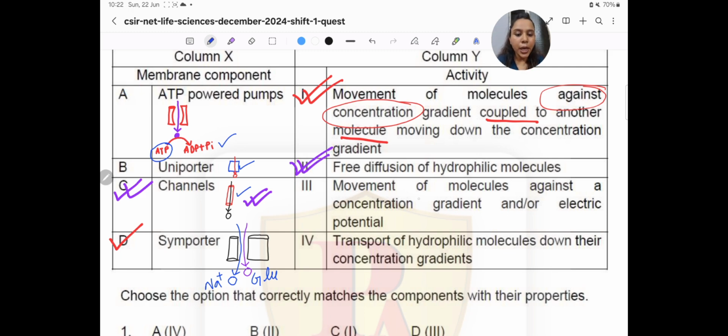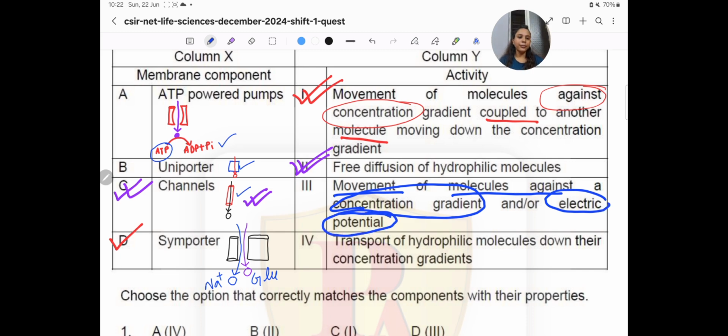So 3, movement of molecules against a concentration gradient and electric potential. In the mechanism of active transport, the movement of a substance occurs against its concentration gradient and electric potential. That is a feature of the ATP powered pump.